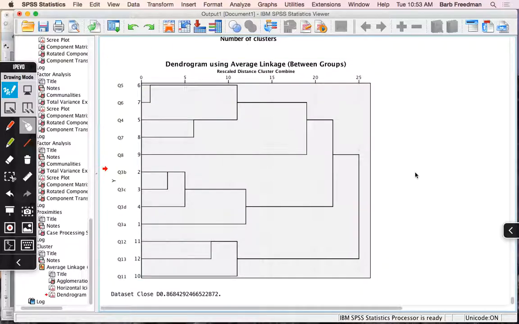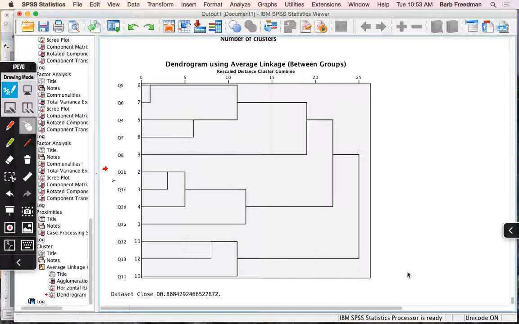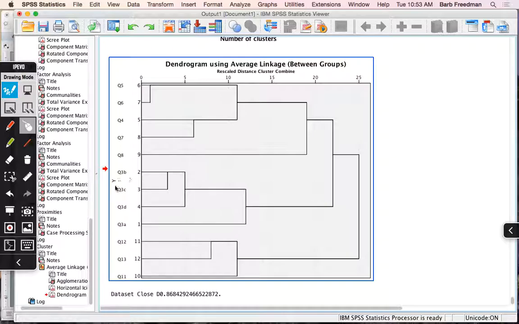These are the strongest because their patterns of correlation are very high compared to all the others. So whenever someone goes up or down on 5, they also go up and down on 6. That's the basis for this technique. It also means that Q3B, Q3C, Q3D are very closely aligned with each other. That's another strong cluster right here.